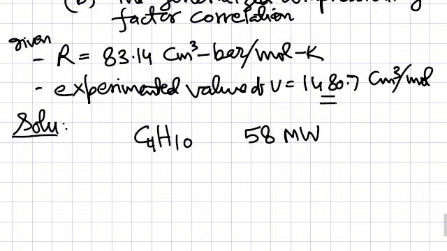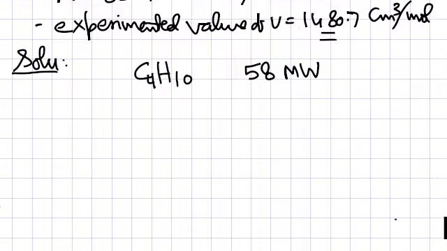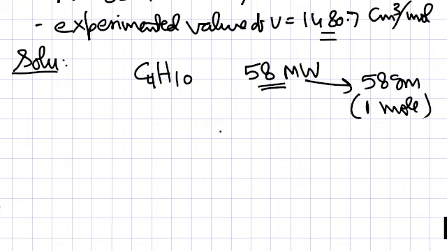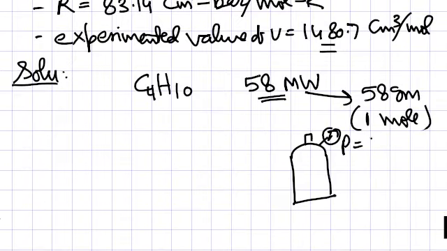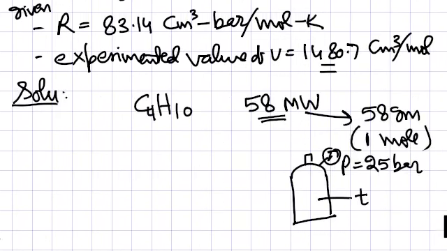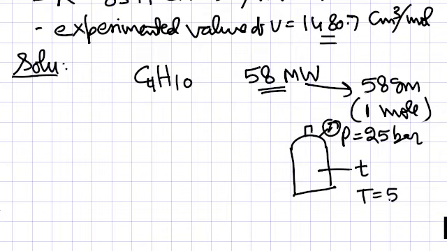And here what they are doing is putting 58 grams of gas, that is 1 mole of gas, in a cylinder at pressure P equal to 25 bar, and the temperature is quite high. It is 510 Kelvin, that is T equal to 510 Kelvin.